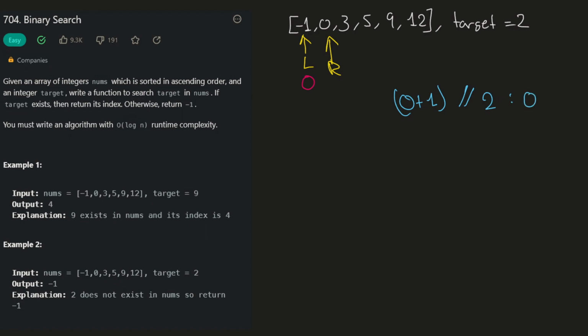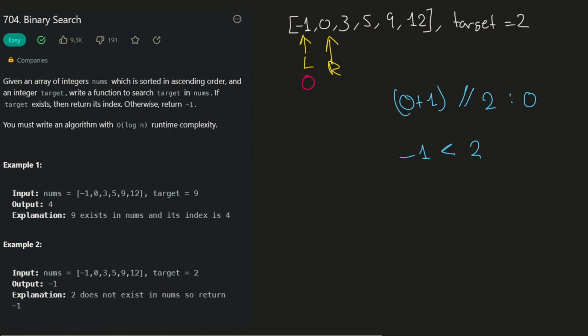And I go again, okay, well, is -1 smaller than my 2, than my target? Yes, it is, right? In this case, this means that we can already discard this bit right here. And so what we would do is we move my left pointer.